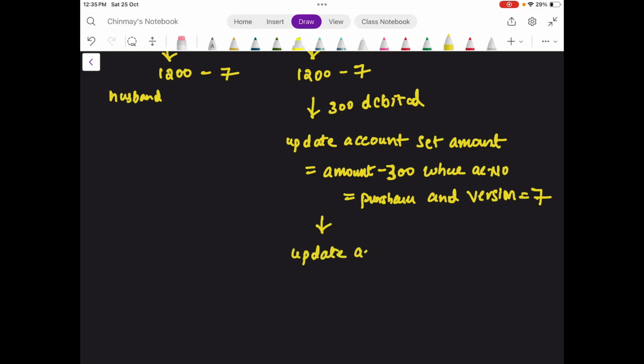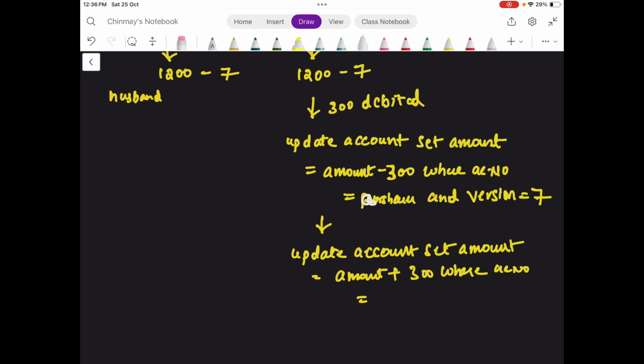And again, update account set amount equal to amount plus 300, where account number is equal to, sorry, I'm confused here, this is not the purchaser account number, it is the wife or husband account number.